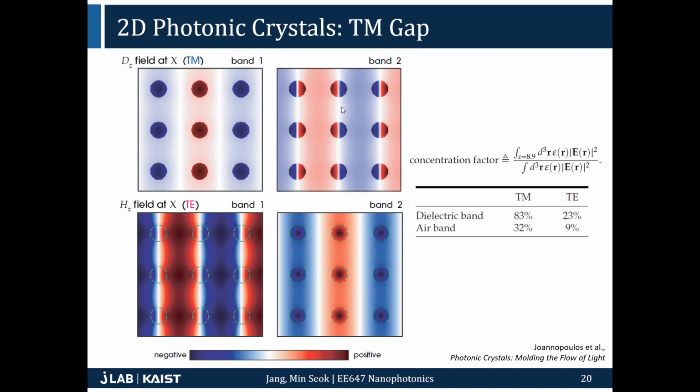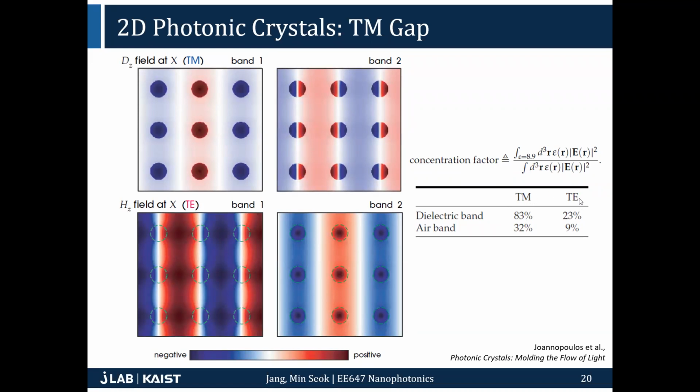Whereas in this case, because an electric field node exists at the cylinder, the concentration factor dramatically drops to 32%. Because there is a huge difference in concentration factor, we can associate this with the large band gap in TM polarization.